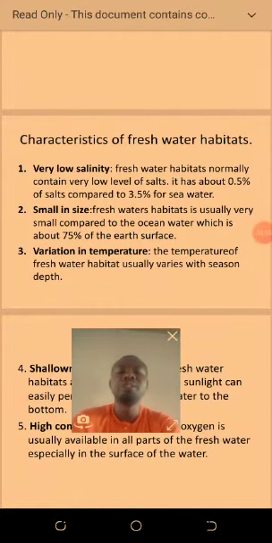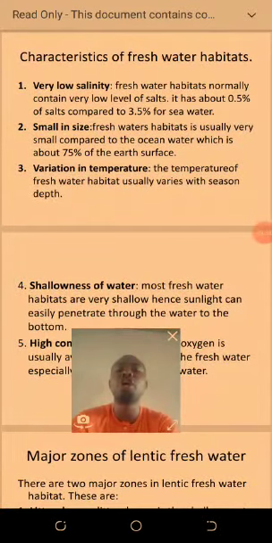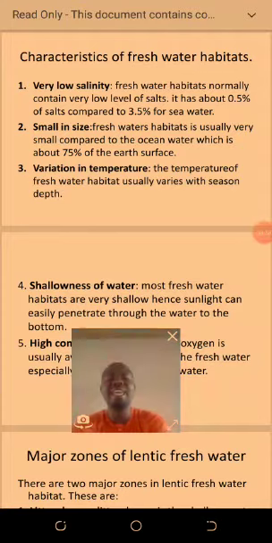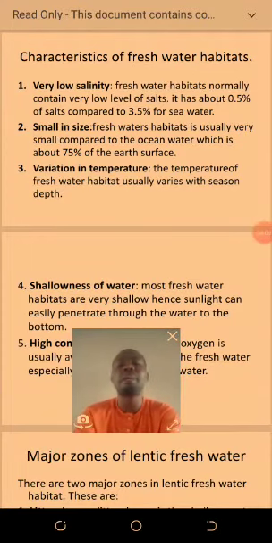They are not as big as the marine. Now let's look at the third one, which is variation in temperature. The temperature varies due to the season or the depth of the water. Sometimes in the cold season, the water will be cold, but when the temperature is high, it will not be as cold as during the rainy season.